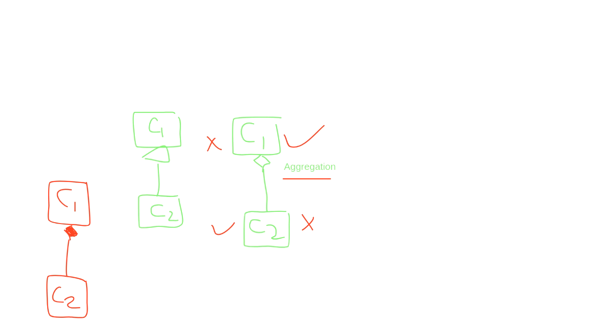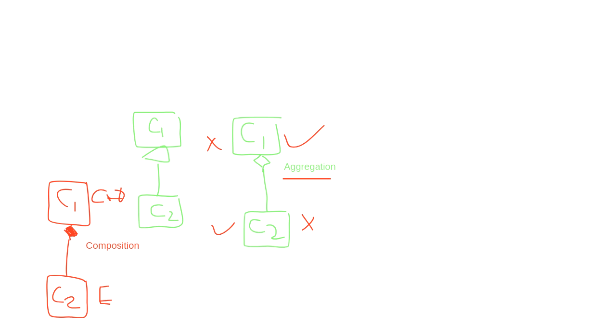Now, what do you mean by composition? Composition means these two classes are dependent on each other. You take an example of a car, and this is the engine.